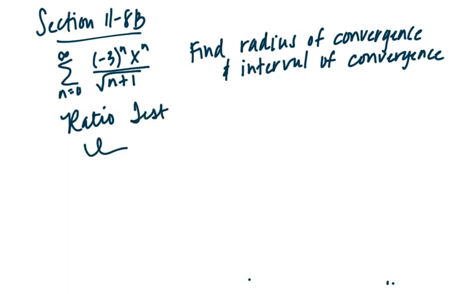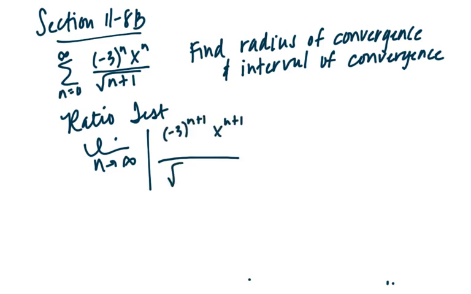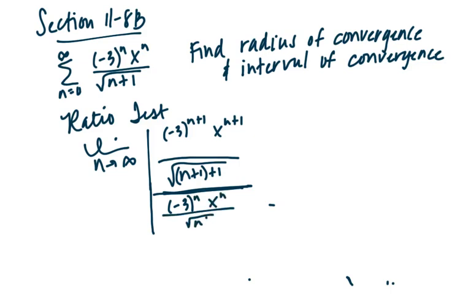We have the limit as n approaches infinity of our numerator, negative 3 to the n plus 1, x to the n plus 1, over the square root of n plus 1, divided by negative 3 to the n, x to the n, over the square root of n plus 1.